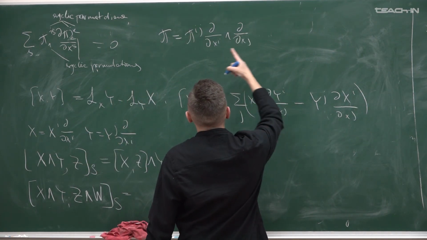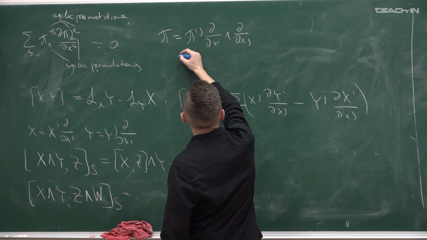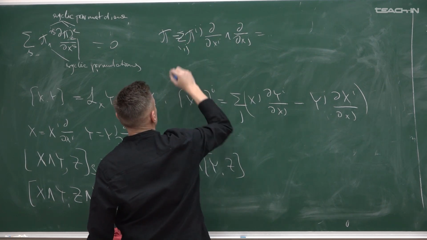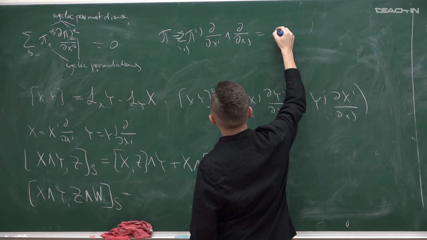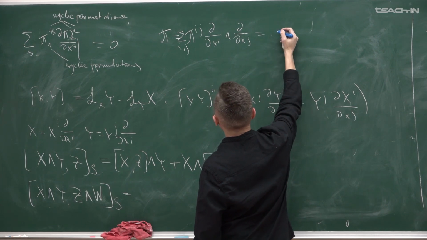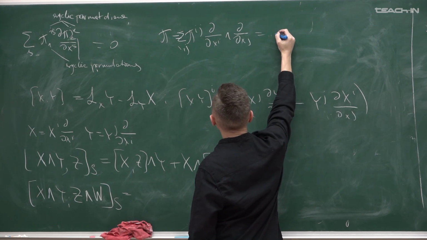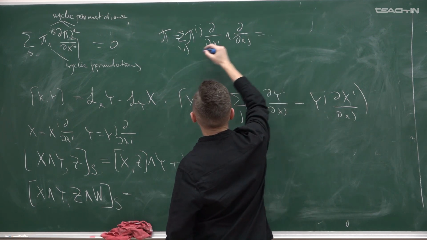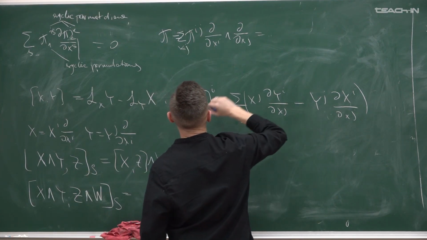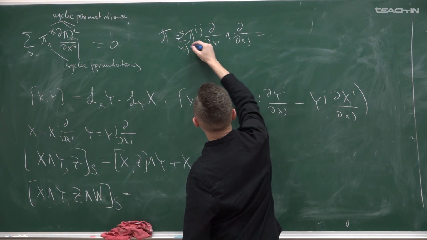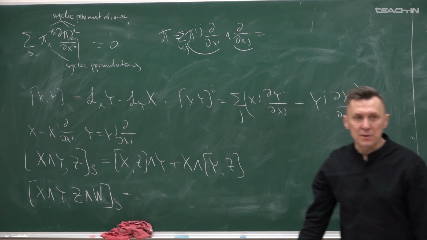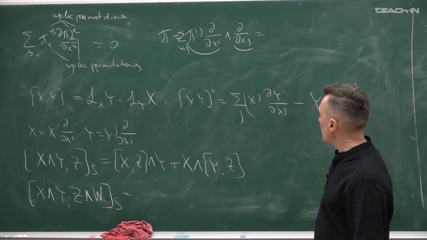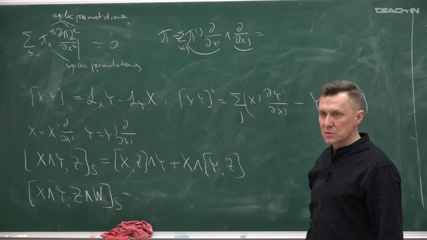And we can interpret it as the sum over ij of these two vector fields. So we have to calculate the Schouten bracket between them just component-wise.